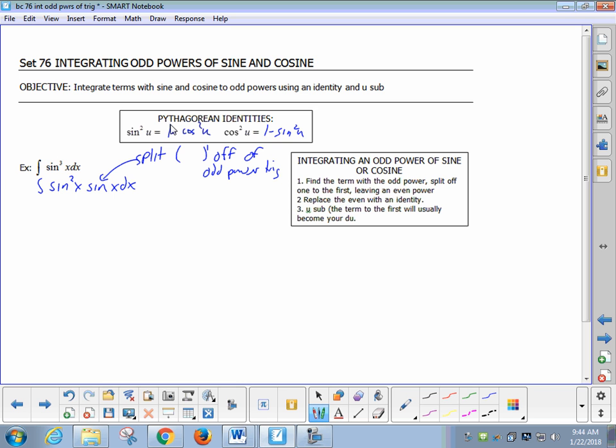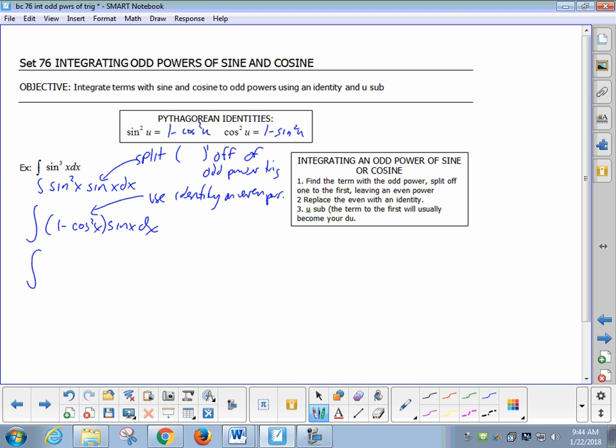Now if you split a single odd power off, then that'll leave you with an even power next to it. That's where the identity comes in. If you replace sine squared with 1 minus cosine squared, use an identity on the even power. Well, that's what gets you rolling.